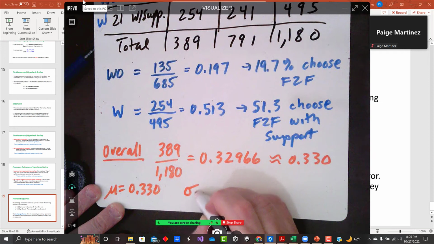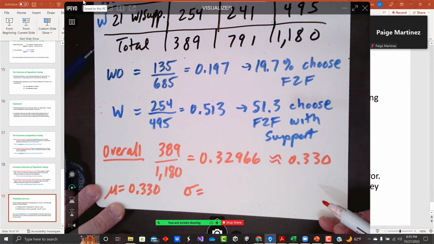If I calculate sigma, remember with that square root formula?